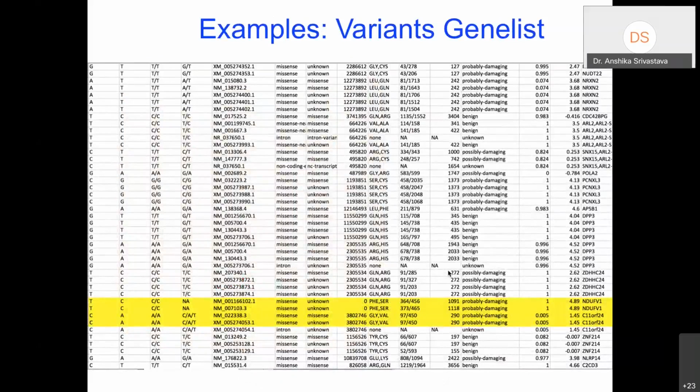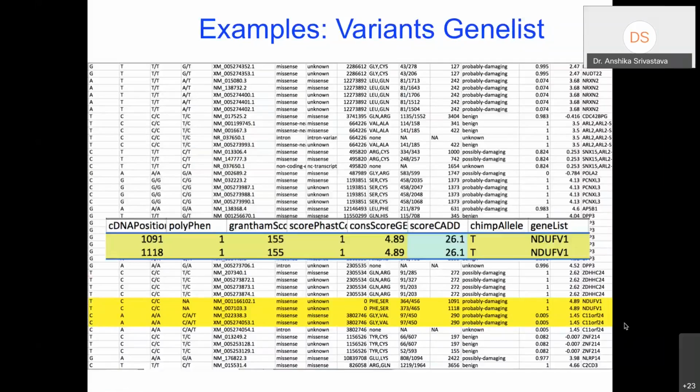So this is an example of a variant gene list, where we have the nucleotide change, the transcript ID, and the missense variant. In addition, we have whether it is a probably damaging variant or not, its frequency in the population, its CADD score that is allotted to all the variations, and the gene name.